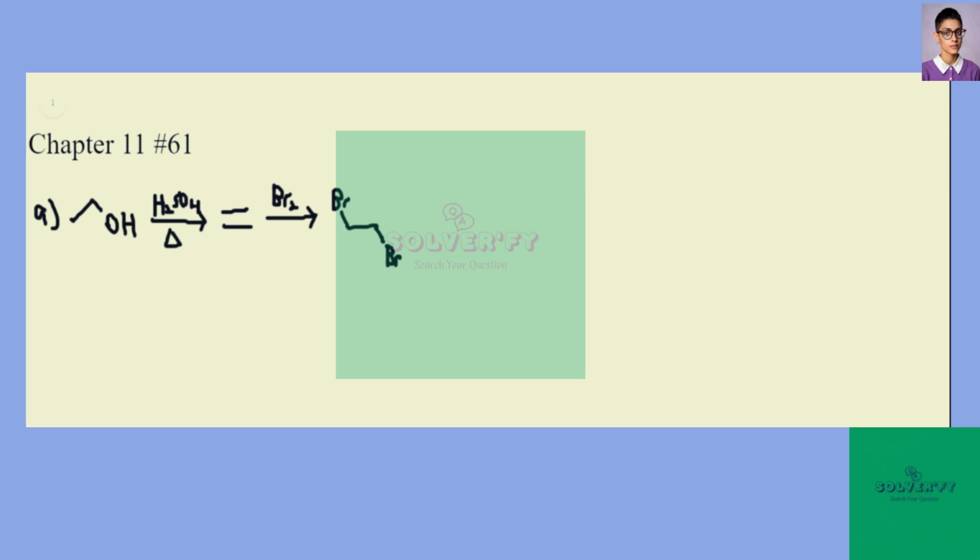That's going to give us the dibromo compound. And we can then treat that with 2 equivalents of sodium amide to get to the alkyne.